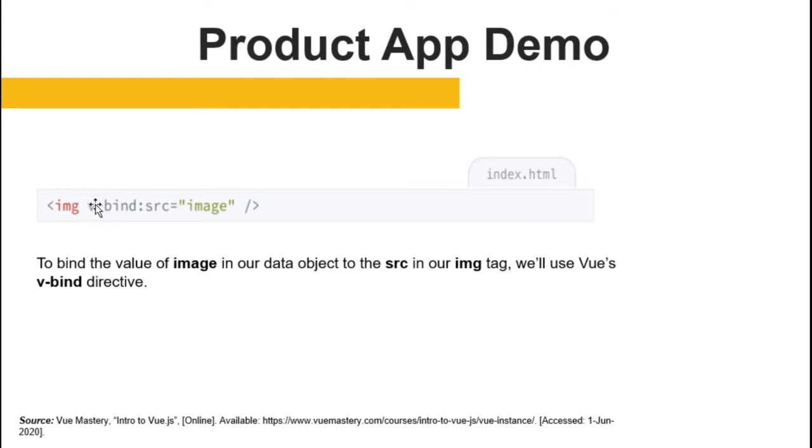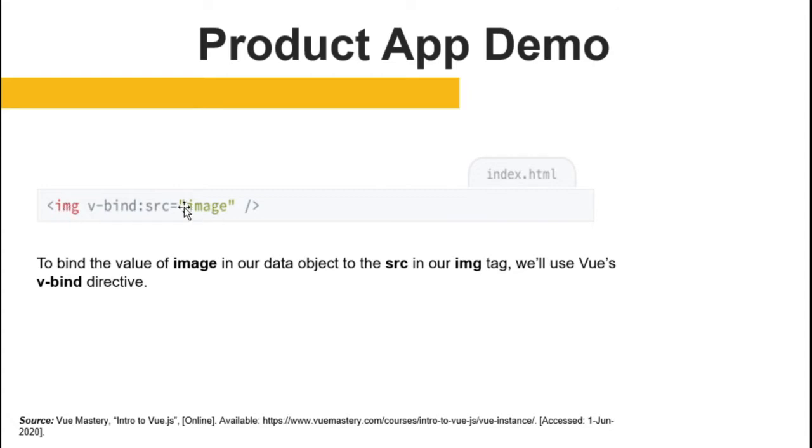So v dash, then the name of your directive, which is bind, then colon, followed by the attribute available for this particular element. Make sure that the one you are binding, just like this one, src, is an attribute of this tag. If it is not an attribute of this tag, it will not work.